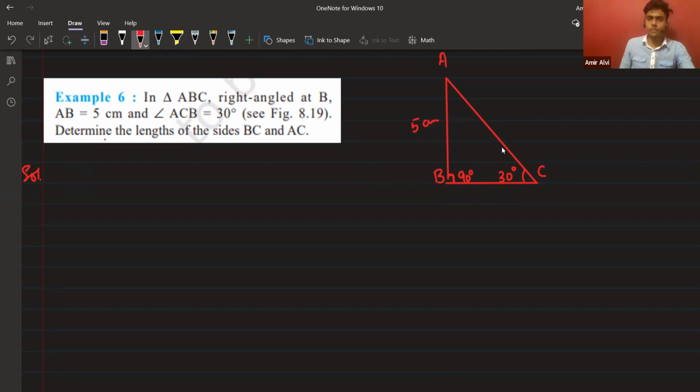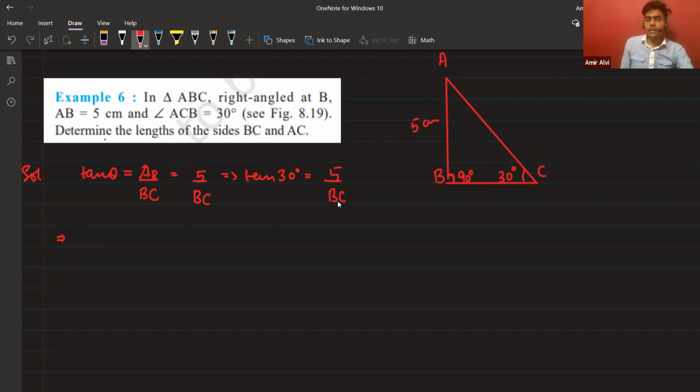So tan theta will be AB upon BC, yes or no? Yes, sir. AB is already given, 5. We have to find BC. What is the value of tan 30? Tan 30 is 1 by root 3.